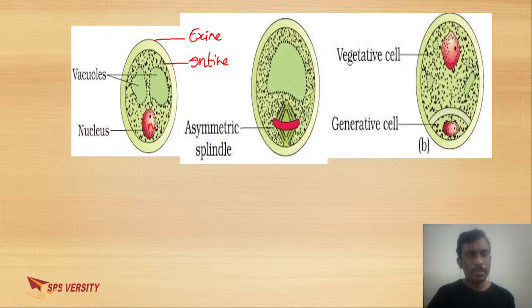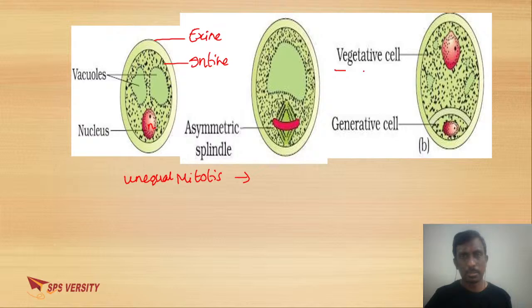This nucleus which is present inside the pollen grain undergoes a mitotic division, that is a cell cycle. Due to mitosis, two nuclei are formed, two cells are formed inside the pollen grain. This mitosis is an unequal mitosis, which leads to one large cell and one small cell.